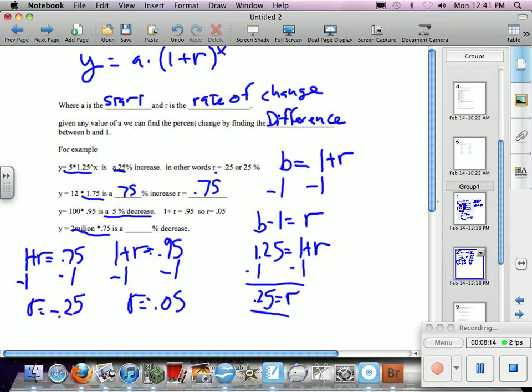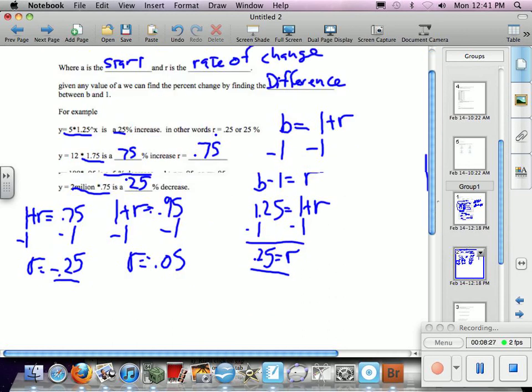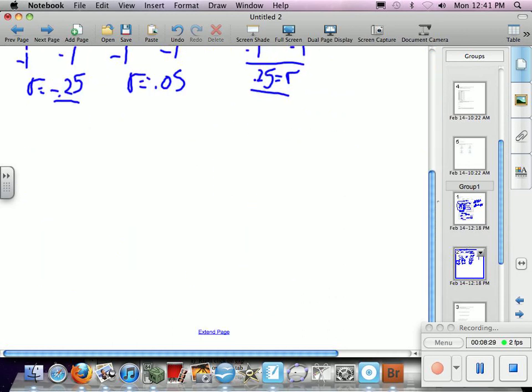Now we know that that is a 25% decrease, okay? Because r is negative 0.25. So we're always looking for that difference between the b and 1.